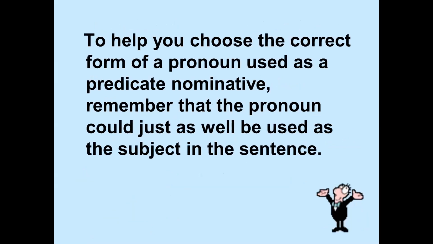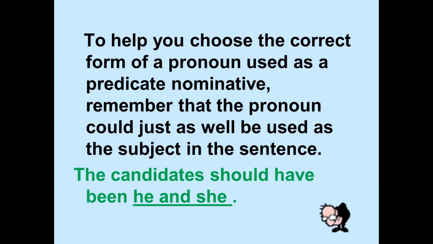So, to help you choose the correct form of a pronoun used as a predicate nominative, or sometimes we call it PN, remember that the pronoun could just as well be used as the subject. So I can replace between it and the subject, like the example that I have here: The candidates should have been he and she.